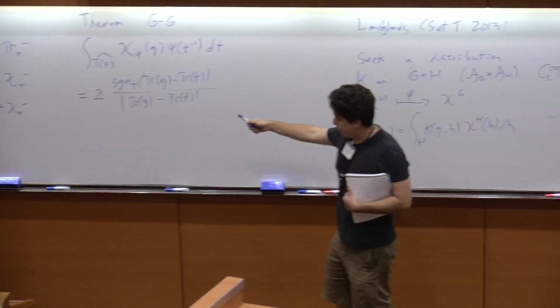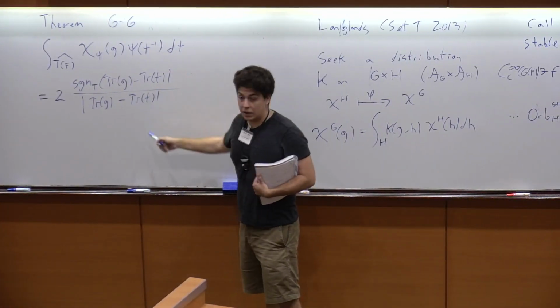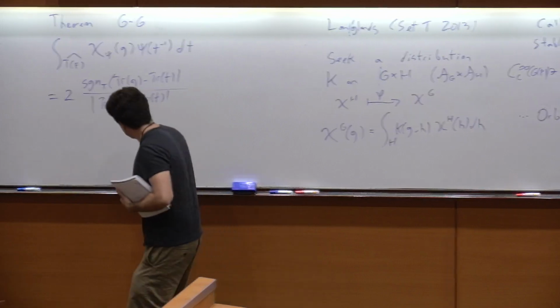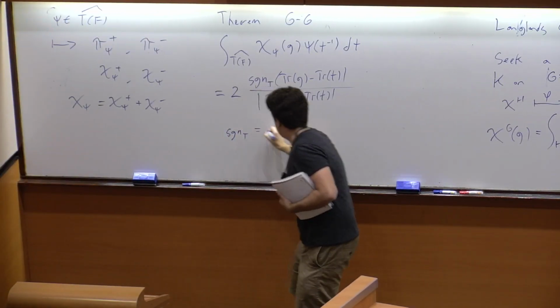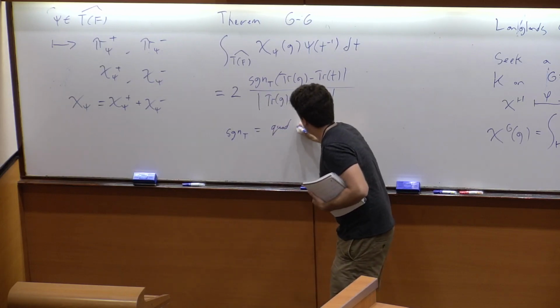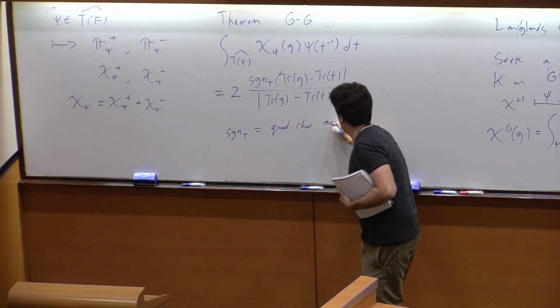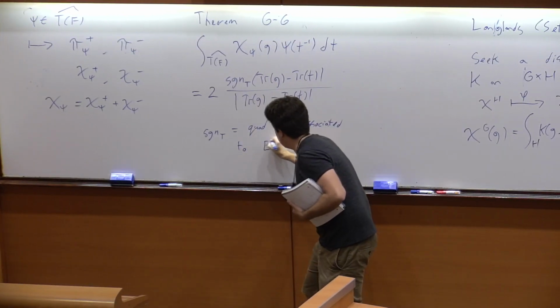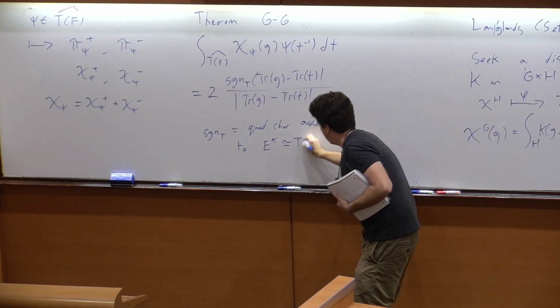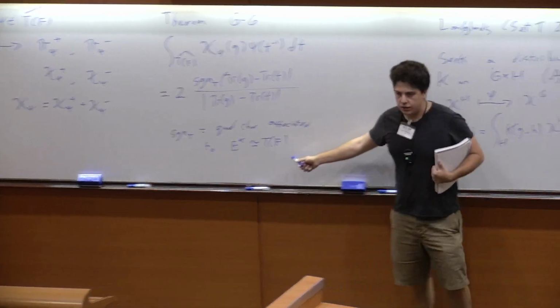In fact, the same formula holds for Archimedean fields as well, where sign of T is the quadratic character associated to the field E, which is what the F points of T look like.